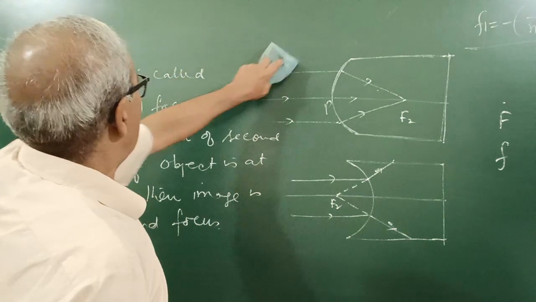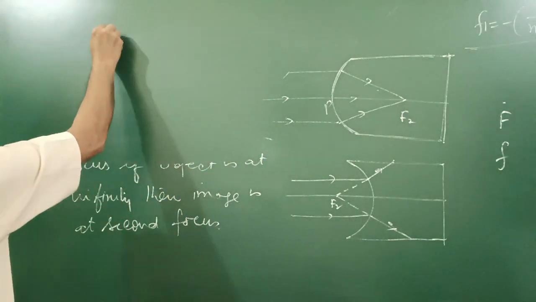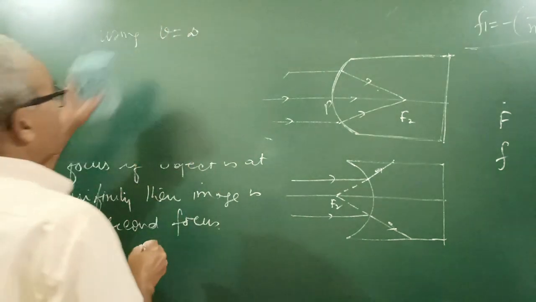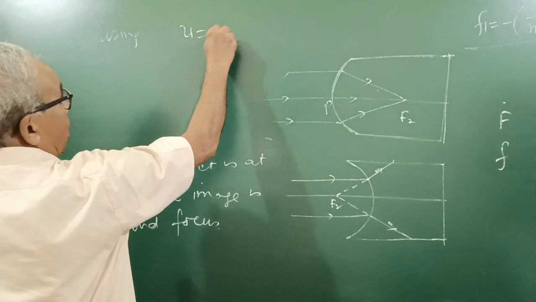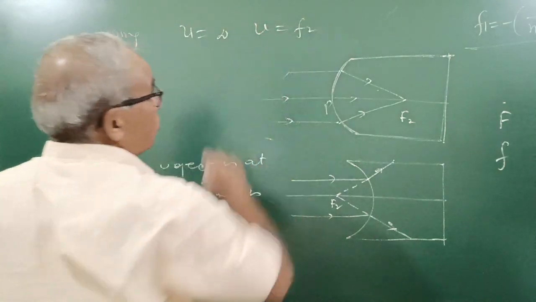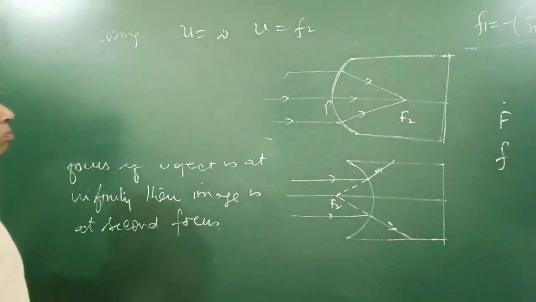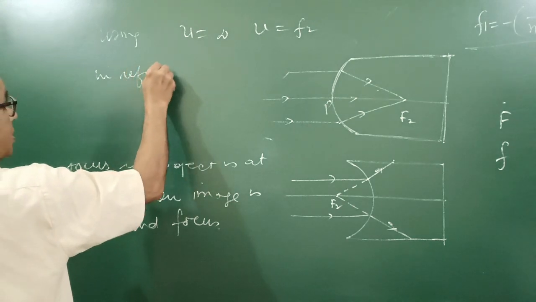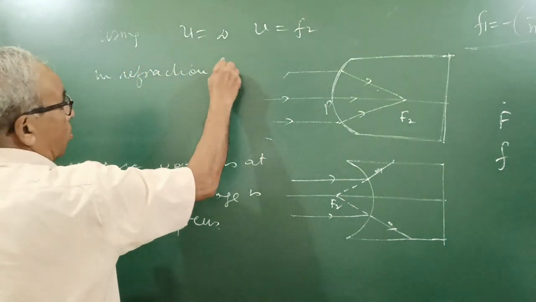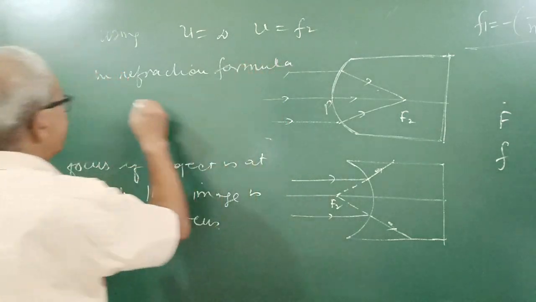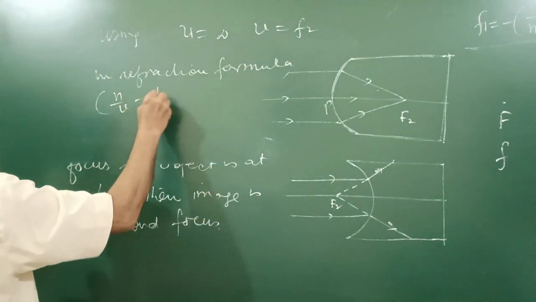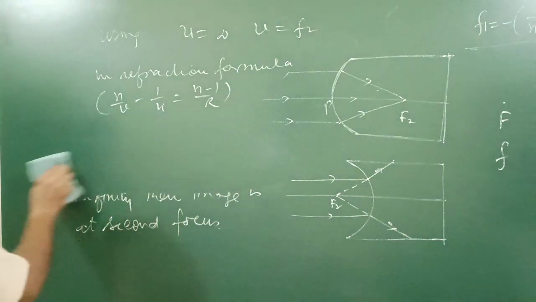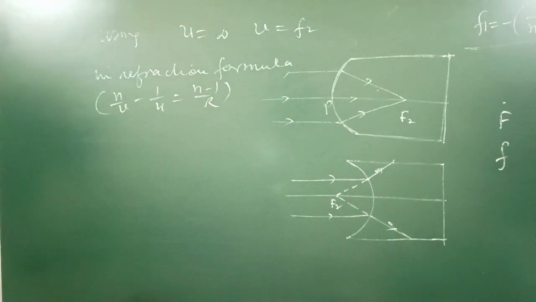So using u equal to infinity, and v equal to f2, the distance of the second focus from the pole, in the refraction formula. What is the formula? n upon v minus 1 upon u. Keep on writing again and again, you will be learning.